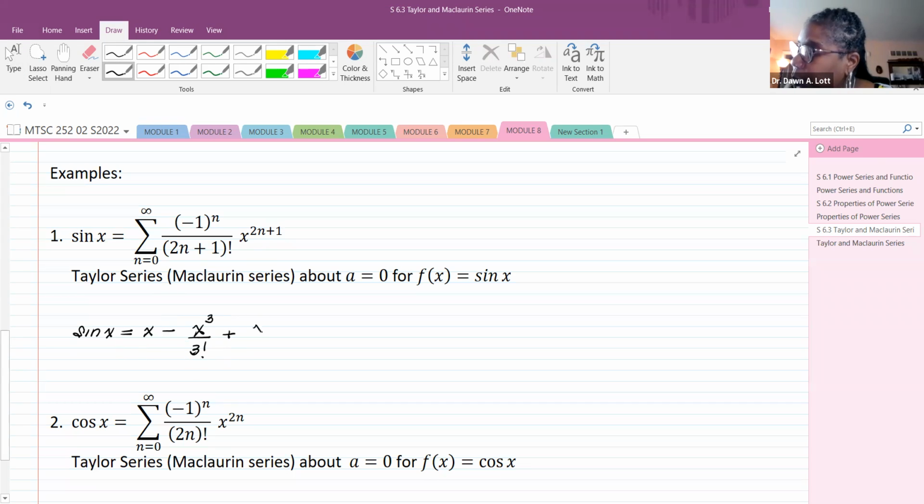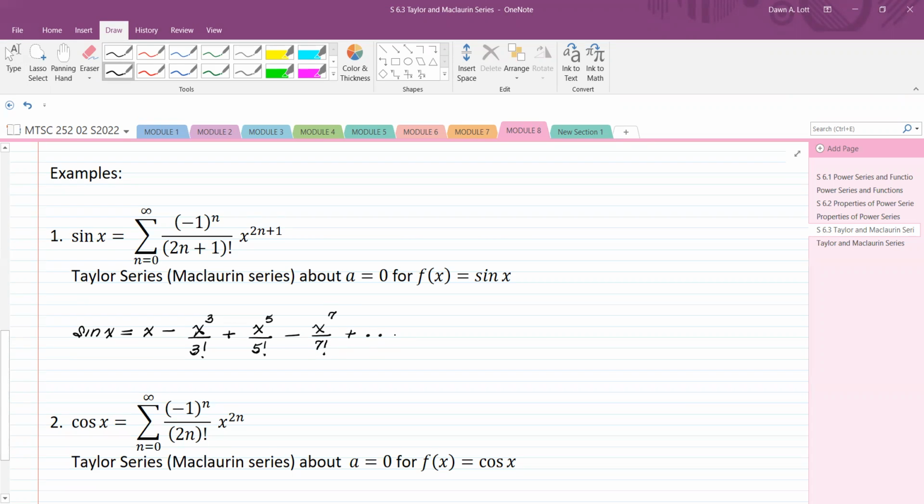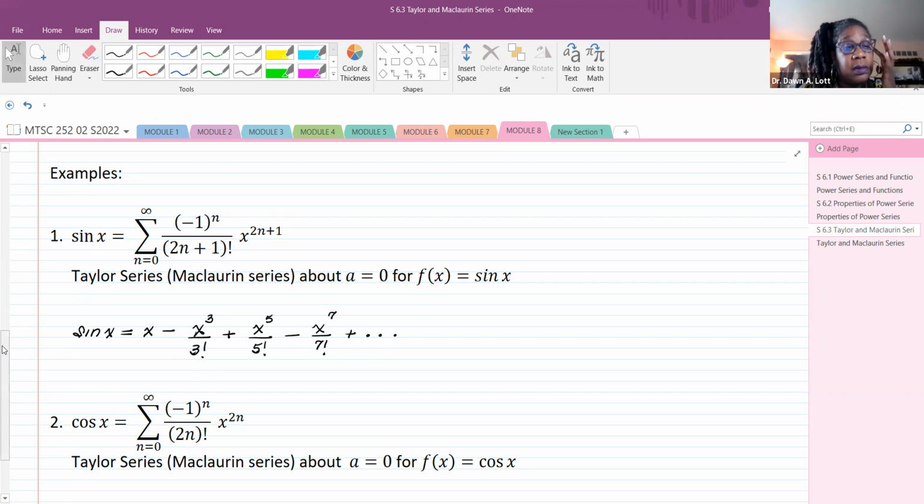The next term is going to be x to the 5th, positive, over 5 factorial. And the next term will be x to the 7th over 7 factorial, plus dot, dot, dot. Okay, so this is the Taylor series for the sine of x.